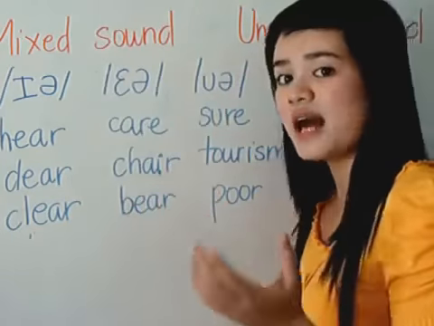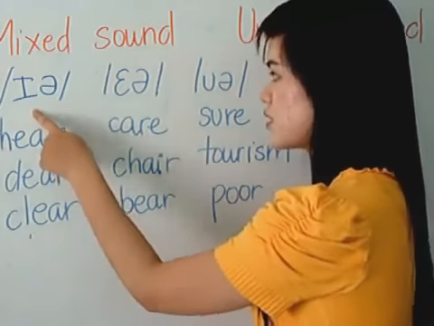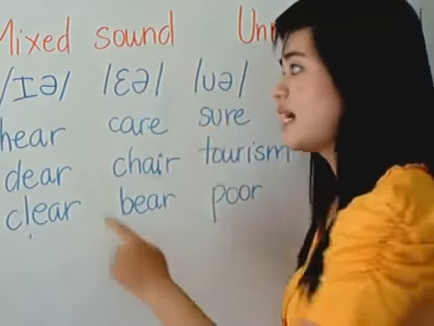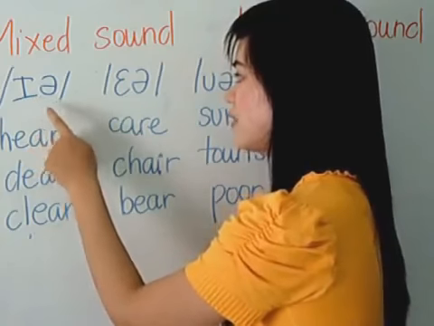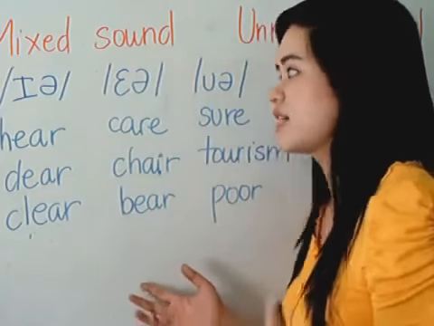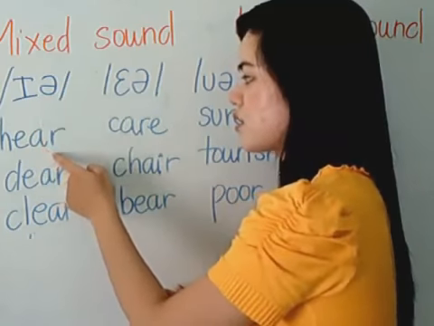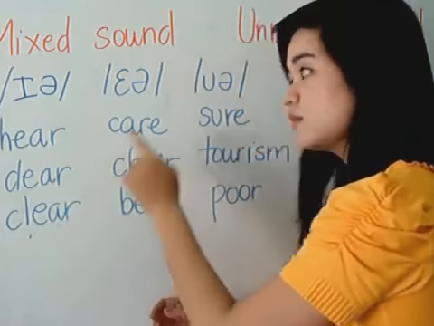In mixed sound, we have three main groups. They are ear, air, and or. You can see that it consists of two syllables, and it's very easy for you to blend them together. You can say ear, ear, like here, dear, clear.